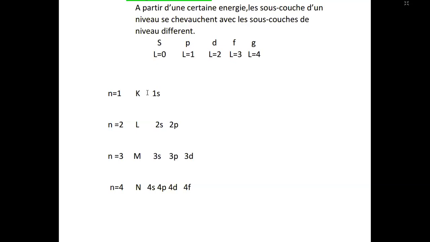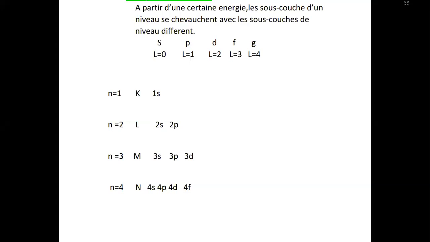So you begin with this one because 1s is smaller when you add 1 plus 0. When I have n equal to 2, 2 plus 0 gives me 2s. Then 2 plus 1 gives me 3.